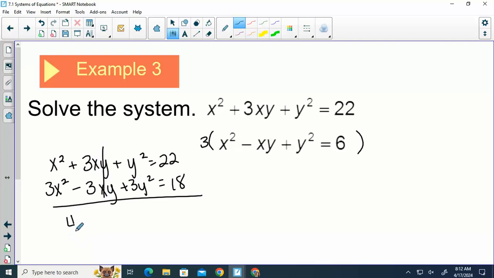So if we add, we get 4x squared plus 4y squared equals 40. So we're in better shape because I don't have the xy, but I still have x squared and y squared. Can I solve that for anything? No. So now I'm kind of stuck.